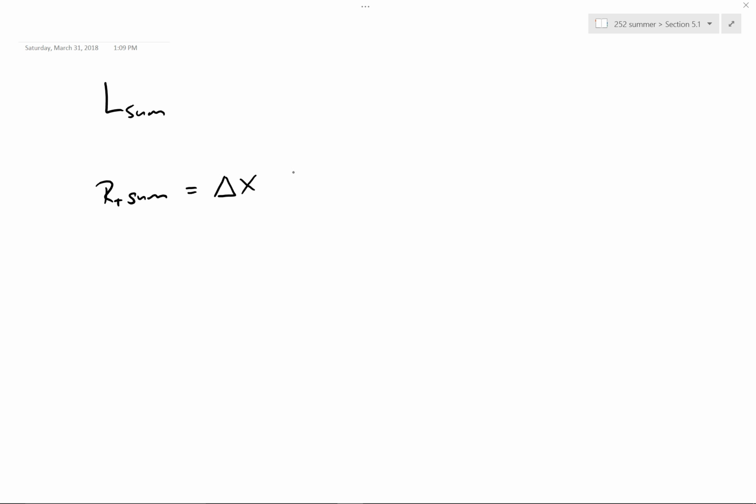It is delta x times the sum of f of x sub i, where i goes from 1 to n. That is literally what we just did. Whether we did 100 of them, 5 of them, 12 of them, doesn't matter. That's always the way that function works. This one is not too bad, but it's a little weird. i goes from 1 to n. That's typically how it's written.